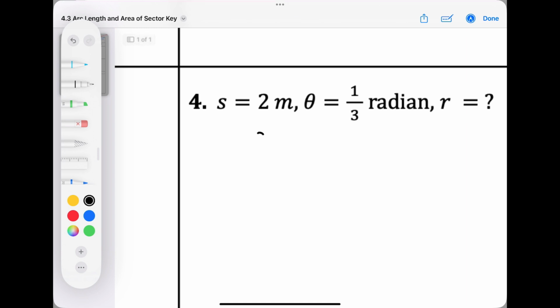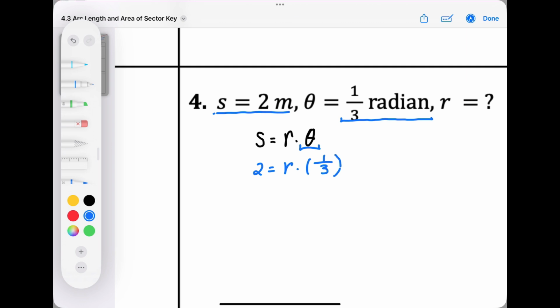Number 4. So smile, we are given the formula for the arc length is equal to the radius times the central angle. So what you see is what you got. Given my arc length is equal to 2, and I don't know my radius, but I do know my angle is equal to 1/3 radian.